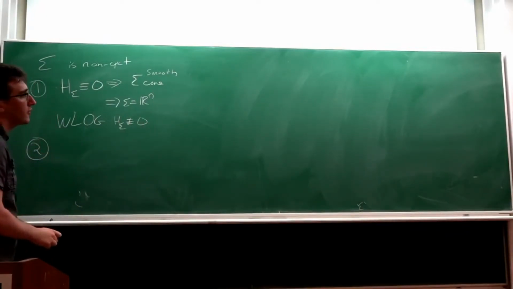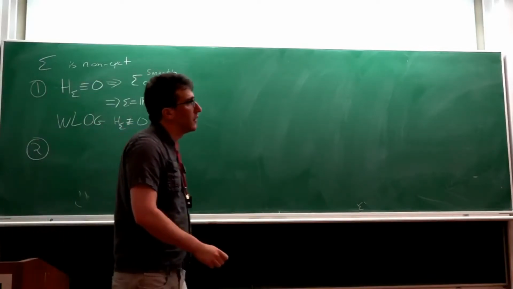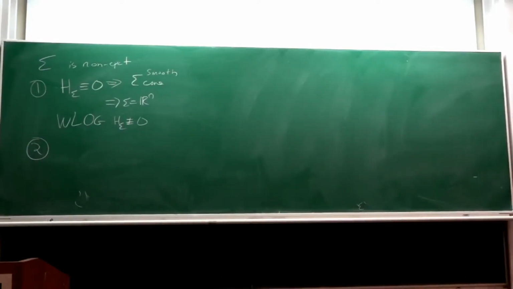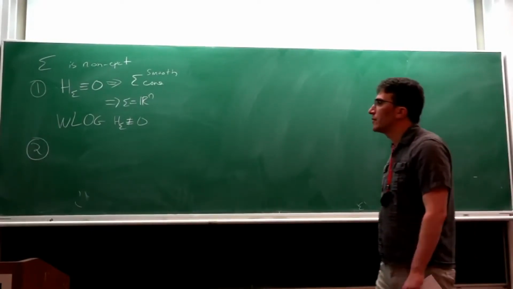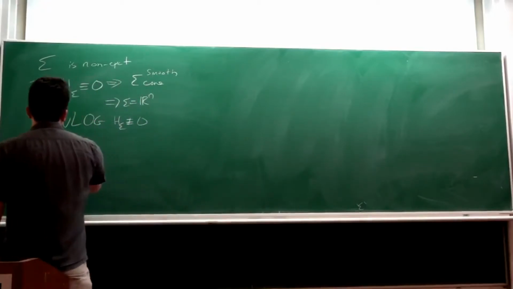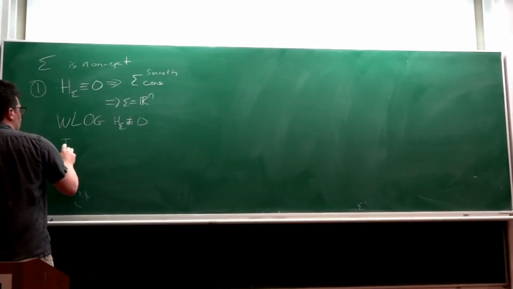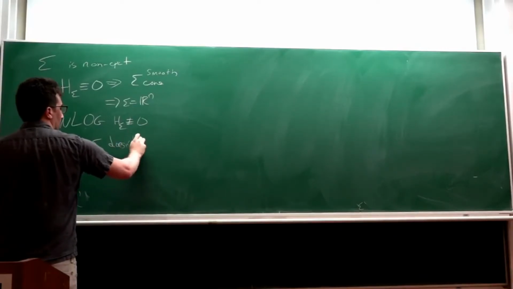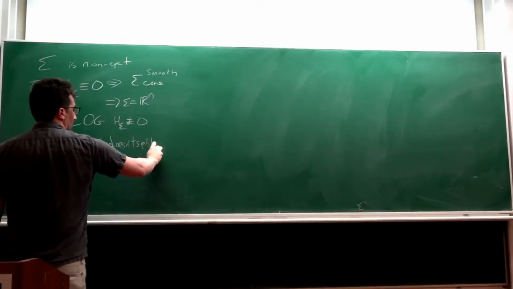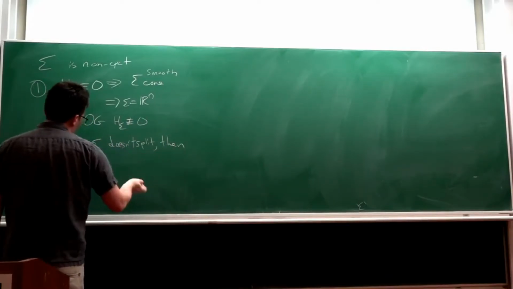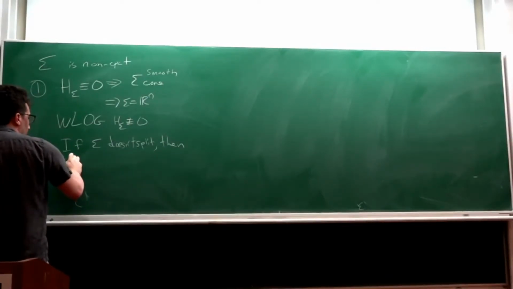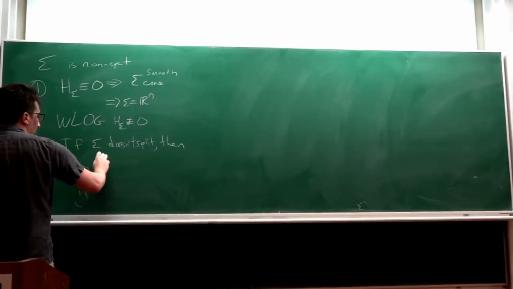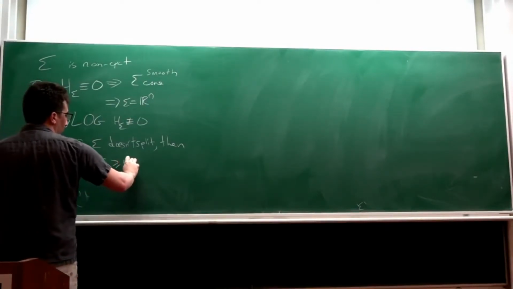So the second observation is, if sigma doesn't split, then we basically have that the dimension of V minus is greater than or equal to n plus 2.